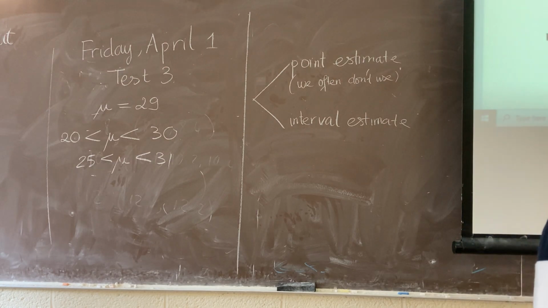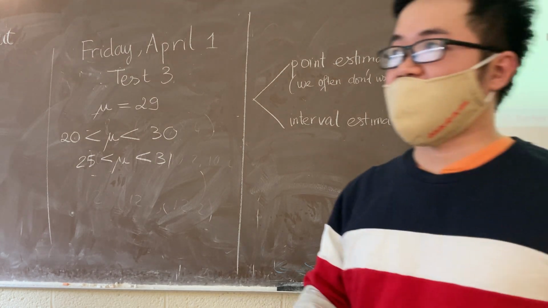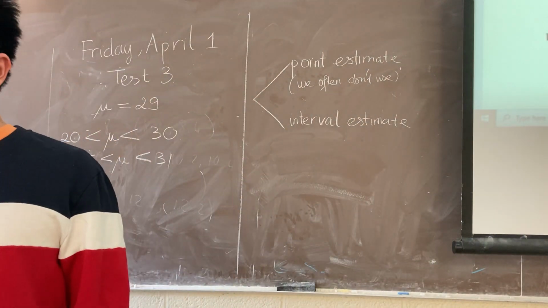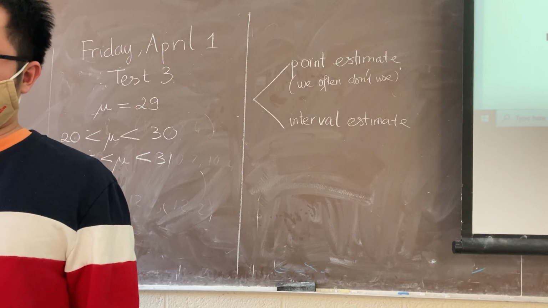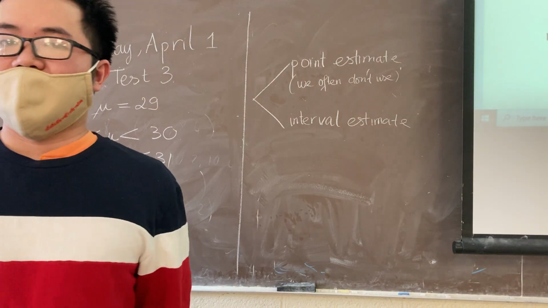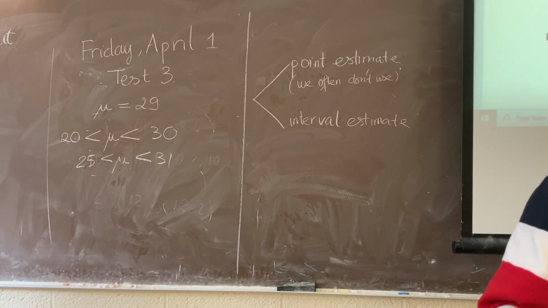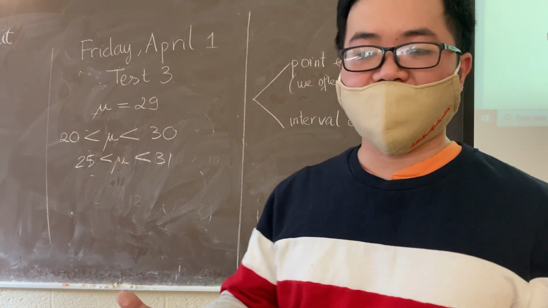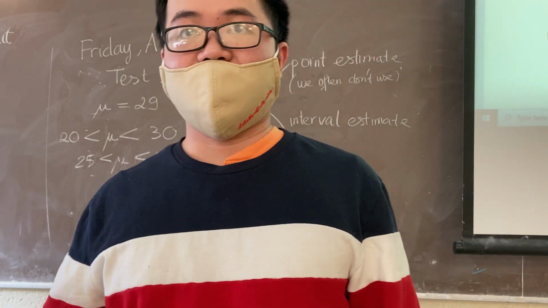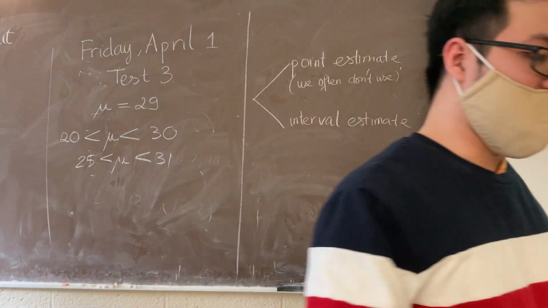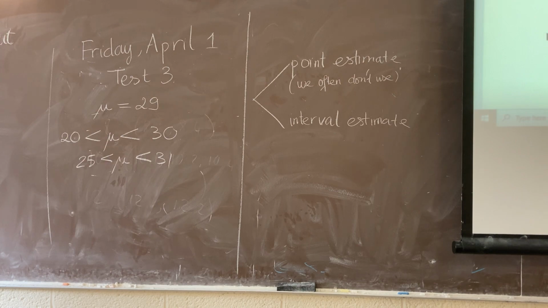What is a random sample? That means that every member in the group is equal. For example, when I want to survey people who like eating chocolate, I cannot go to the chocolate shop and ask them, do you like chocolate?